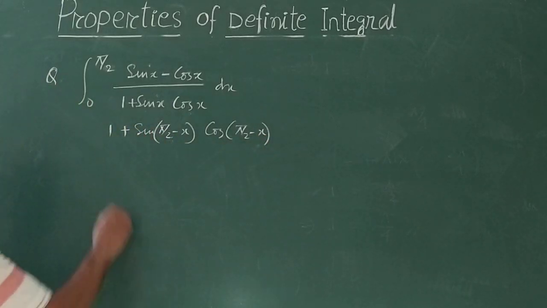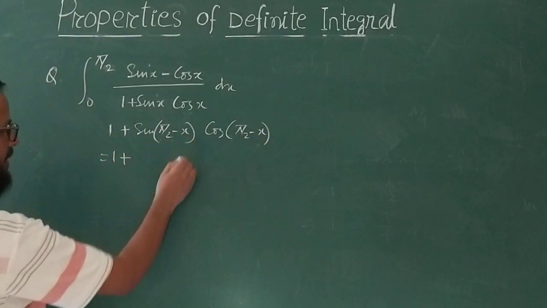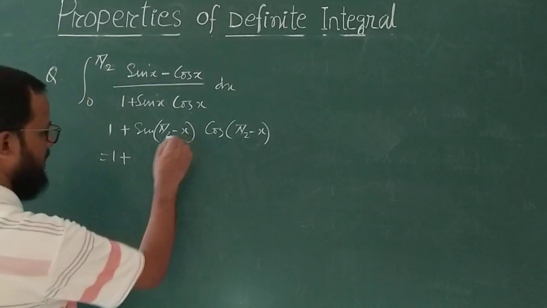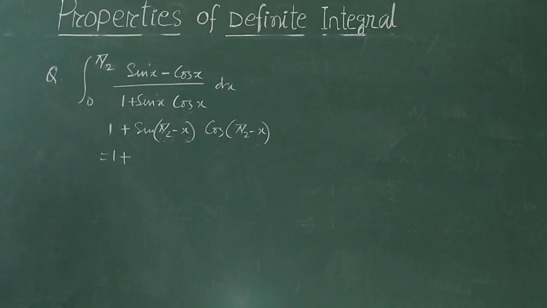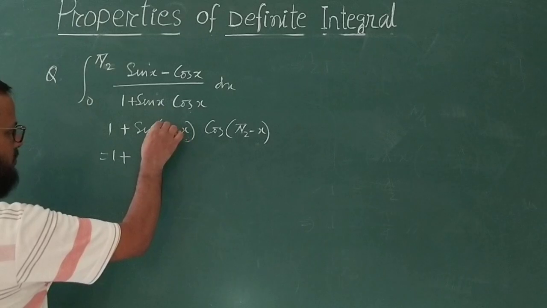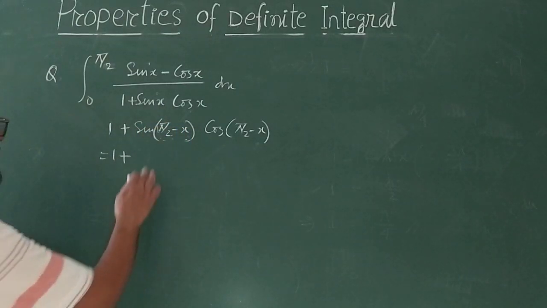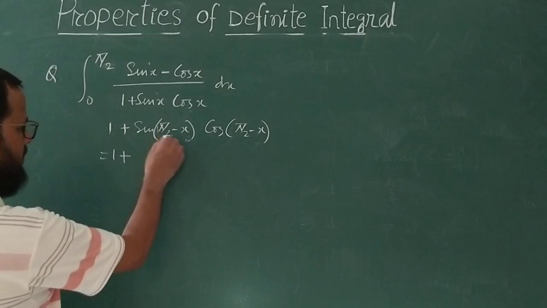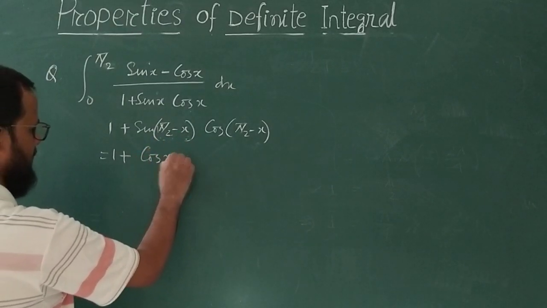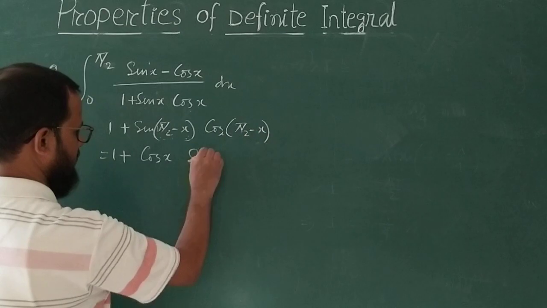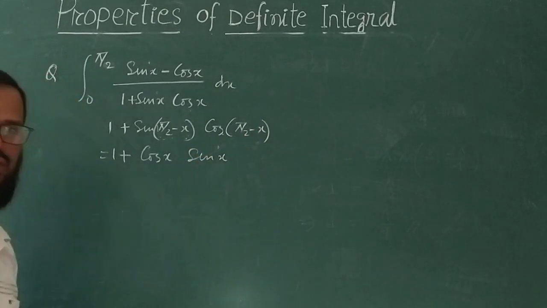Sin pi by 2 minus x is equal to cos x, and cos pi by 2 minus x is equal to sin x, according to the quadrant rule.